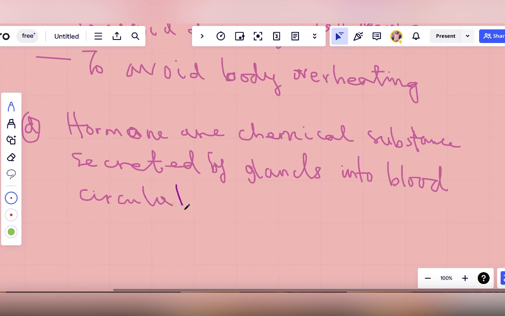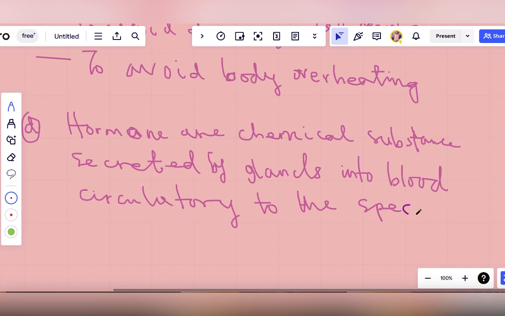Circulatory system to the desired organs, the specific organs where they need to act, right?